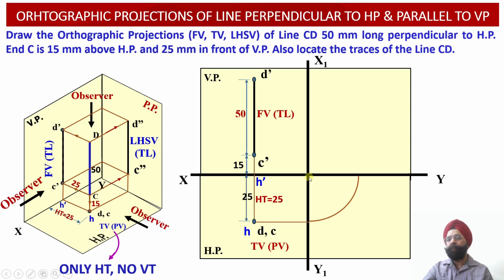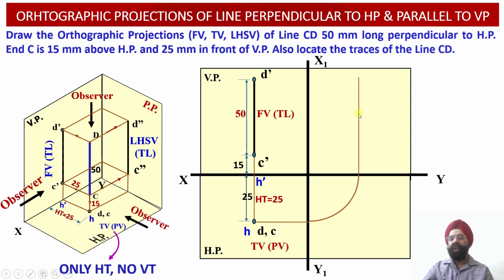So this way we are able to transfer the distance from the vertical plane from the top view into the left hand side view projections which we are required to obtain. Now having obtained this point, from this point we are going to draw a vertical projector line in the upward direction.